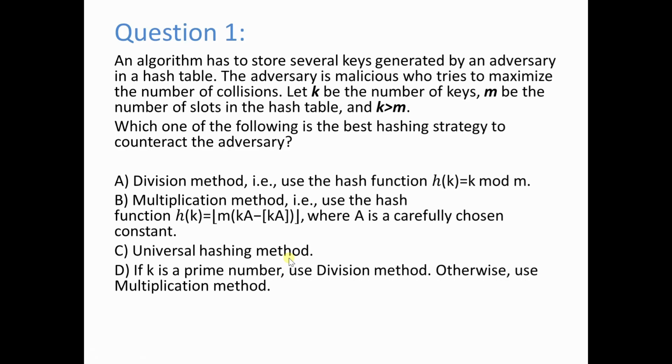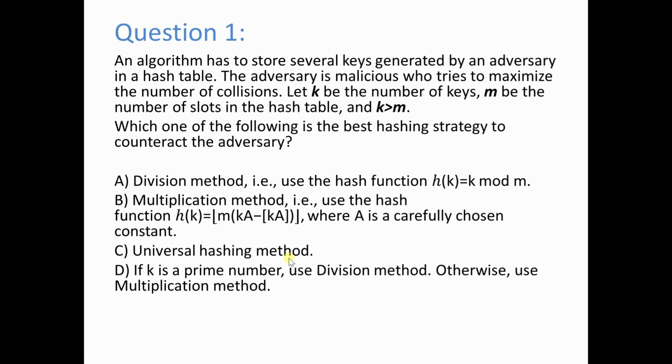In case we use the keys, there is a possibility of increasing collisions by hashing all the keys to the same slot. But here in universal hashing, we are generating the hash function randomly, independent of the keys. So there is a chance of reducing the number of collisions. So this might be the best hashing strategy to counteract the adversary.